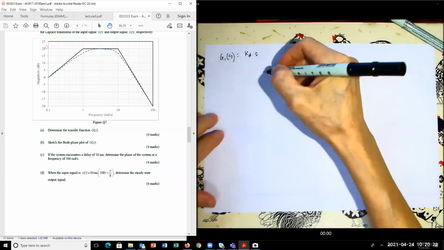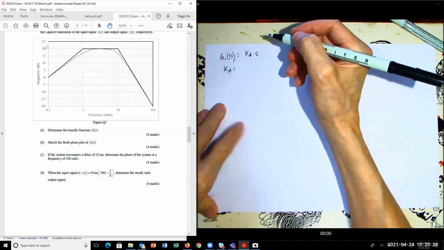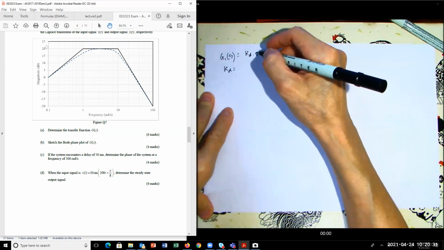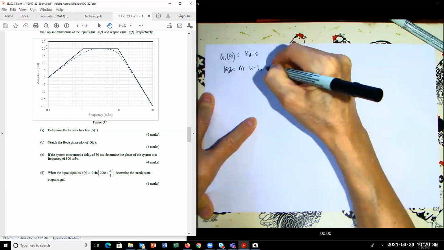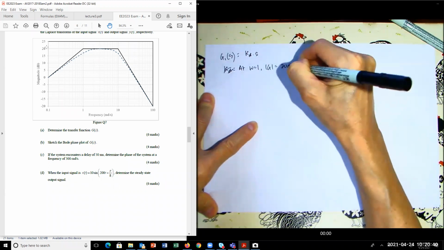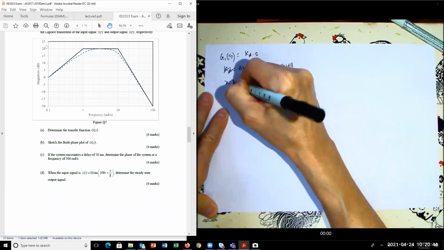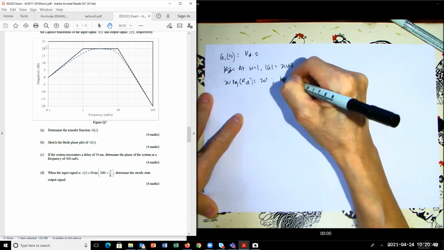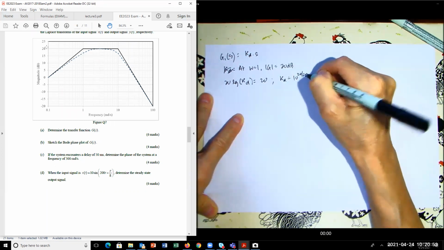So KD is 10 to the power of 20 over 20, which is of course 10.